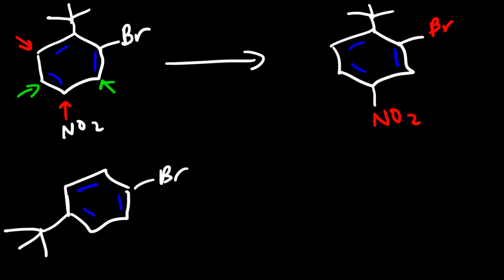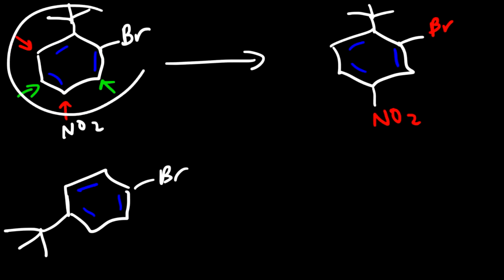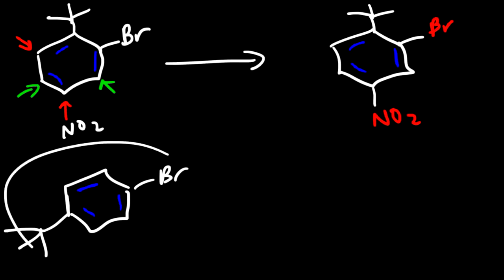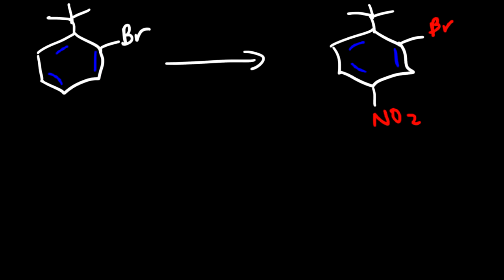So this could work. However, we're competing this product with this one. So at best, to get this product, it's not going to be any more than 50%. Automatically, there's no point looking at this because the bromine atom and the tert-butyl group, they're not in the right position. So let's see what happens if we add the tert-butyl group first.